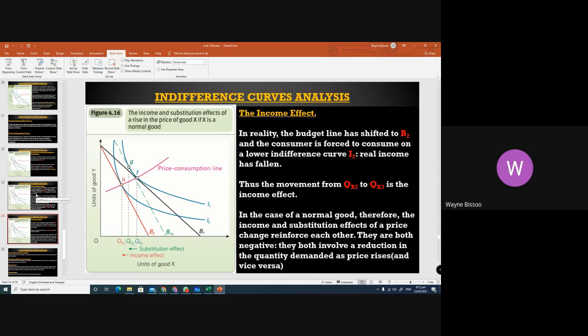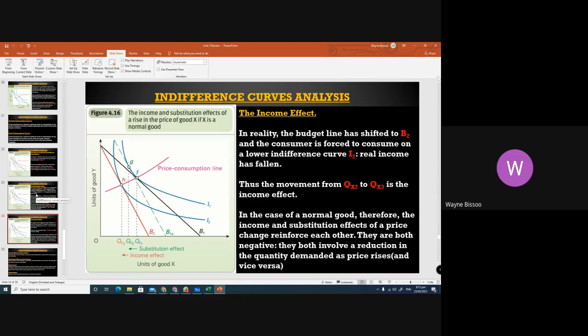Because prices are rising, our income can purchase less of that good. So in essence, our real purchasing power is falling. Does that make sense to you guys so far? So we want to reflect that.